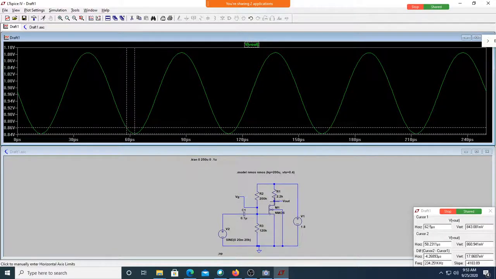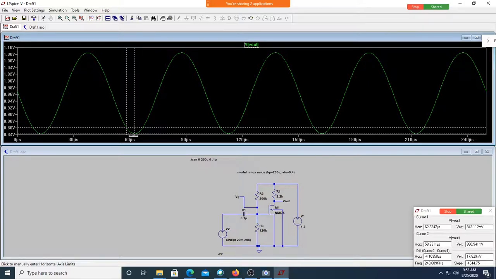So when the output voltage is measured here, it is the voltage across drain and source, because the source is grounded. How much is the bottommost voltage here now? 843 millivolts. Let me say VDS minimum is 843 millivolt when the input voltage is 20 millivolt.